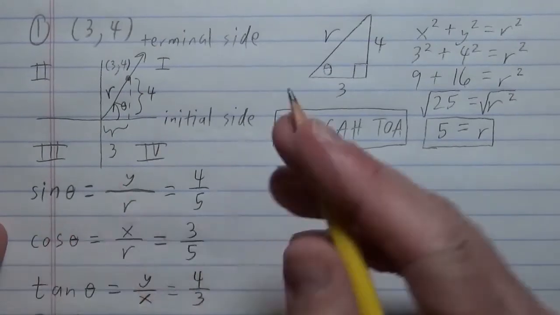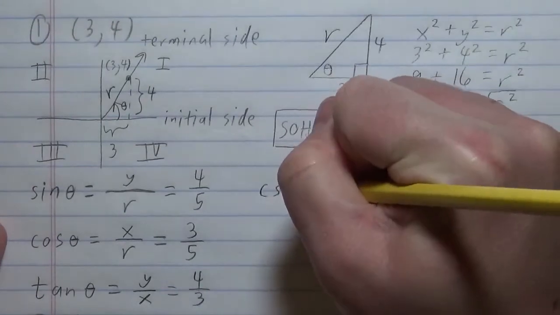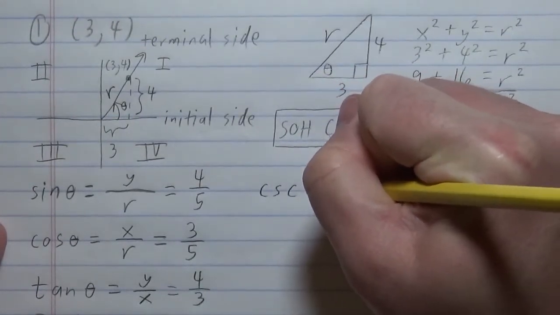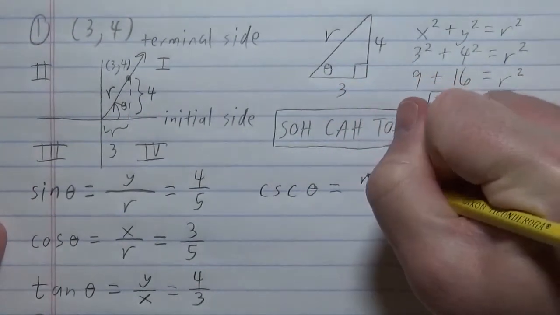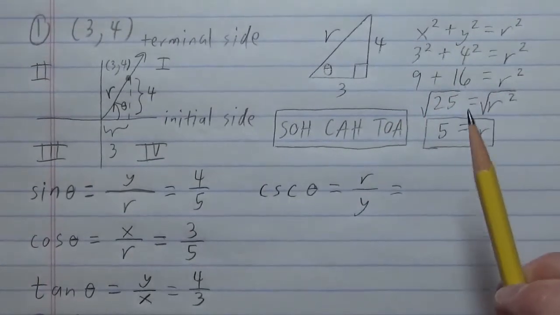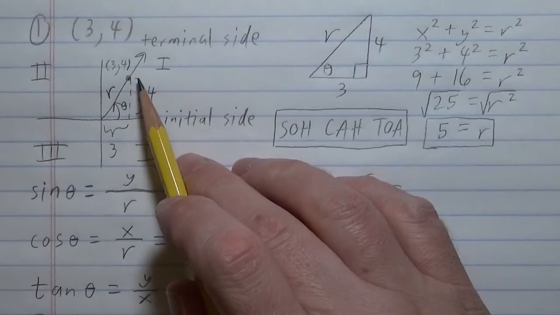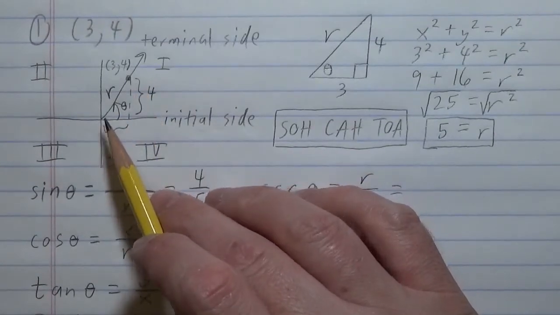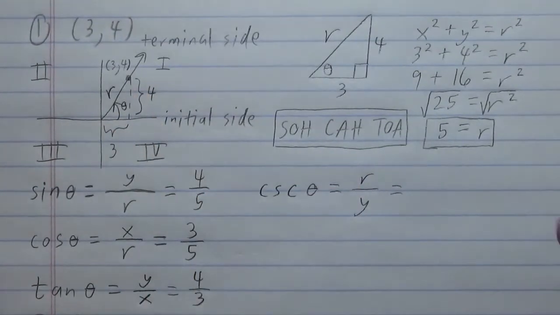The reciprocal of sine we call cosecant, which is r over y. R is the length from the point to origin, and y is the y coordinate, which is given.